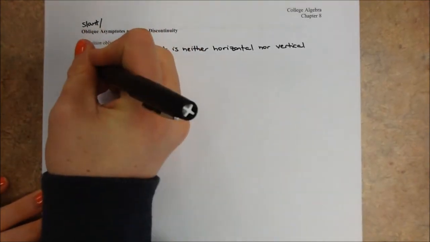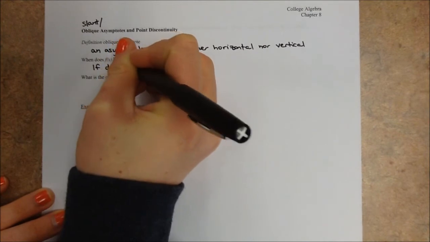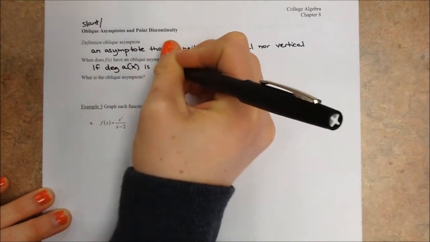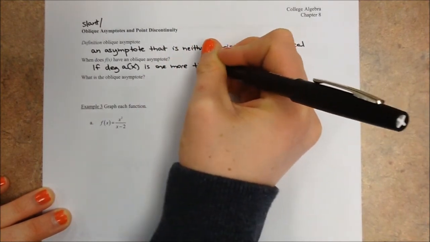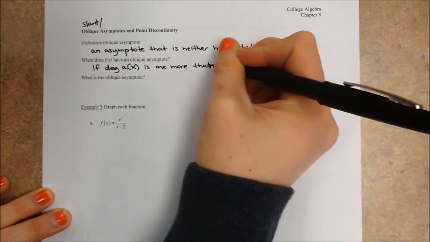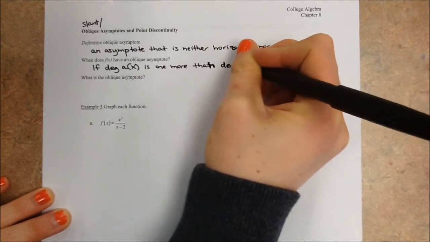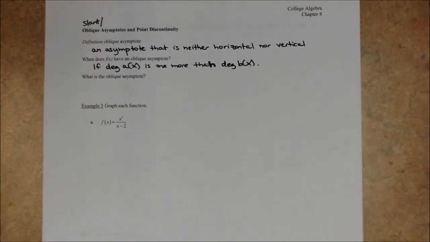If the degree of the numerator, which is a of x, is 1 more than the degree of b of x, which is the denominator. Okay, so like an x cubed over an x squared, or an x squared over an x, something like that. Okay, so that's what you're looking for there.